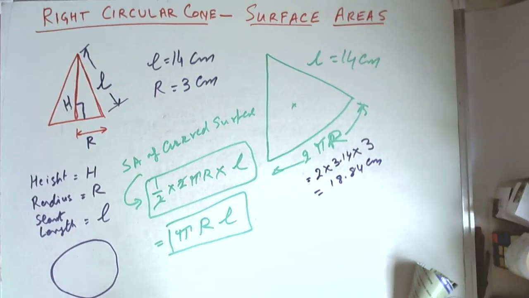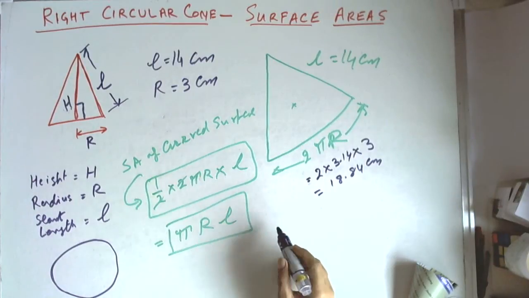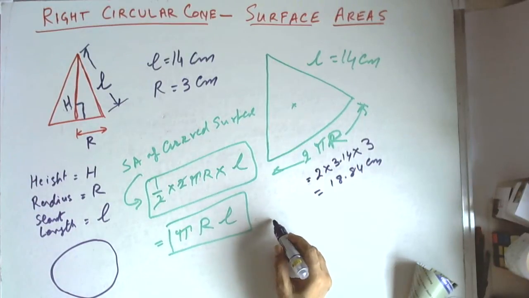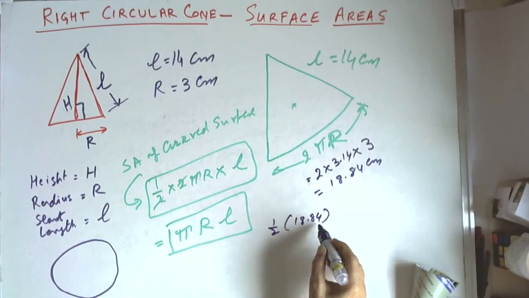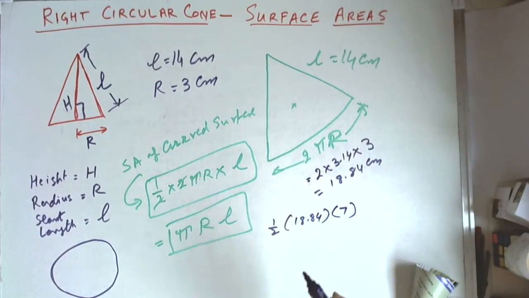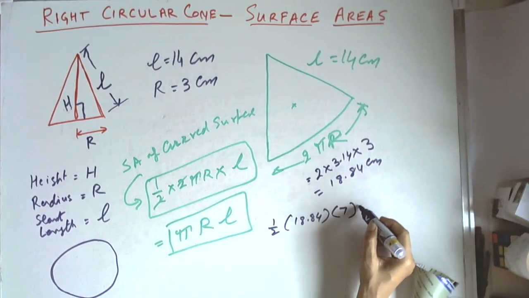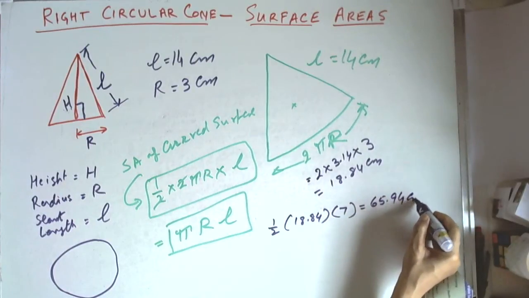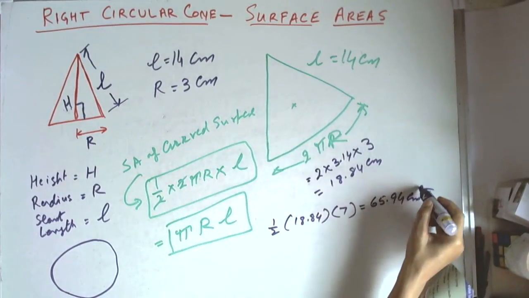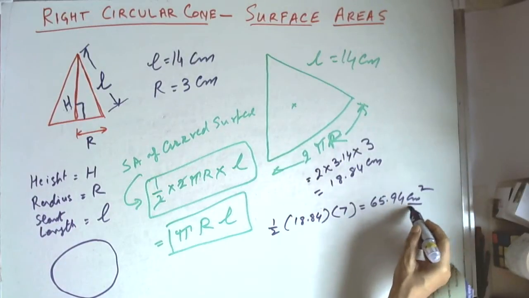And therefore, looking at half into 2 pi r into L, the area will be half of 18.84 into 14, which will be 131.88 centimeters square. And again, because this is area, we write the unit in centimeters square.